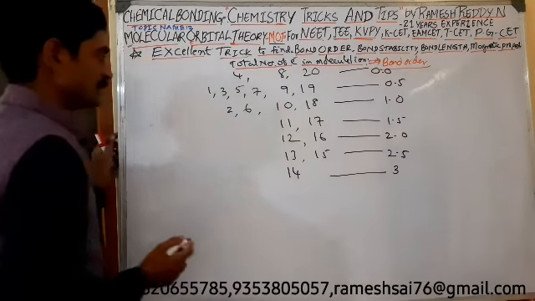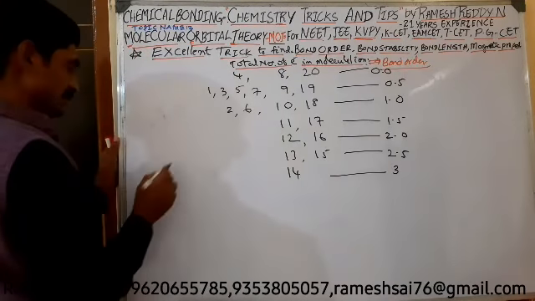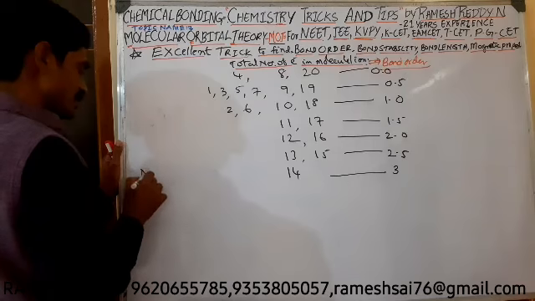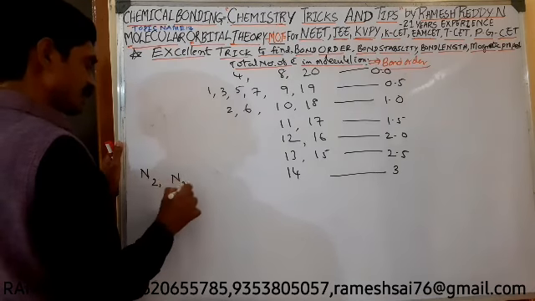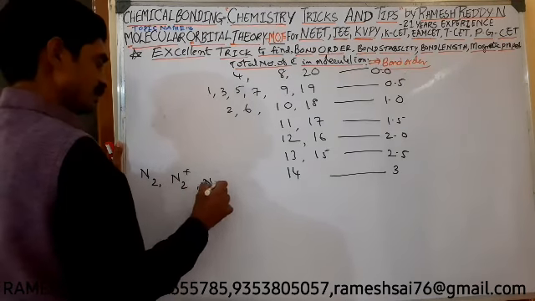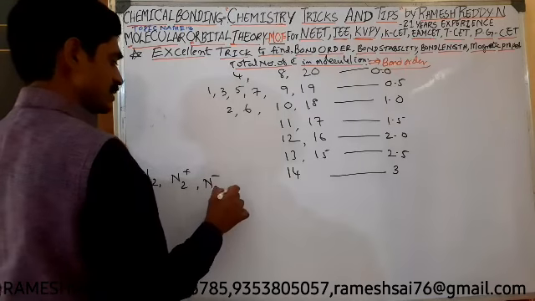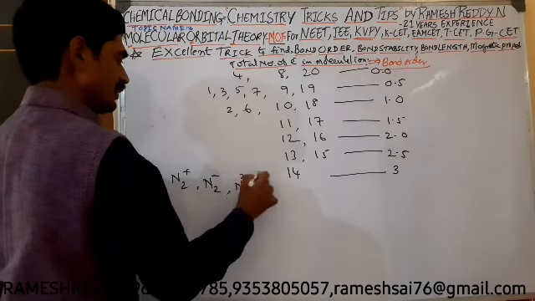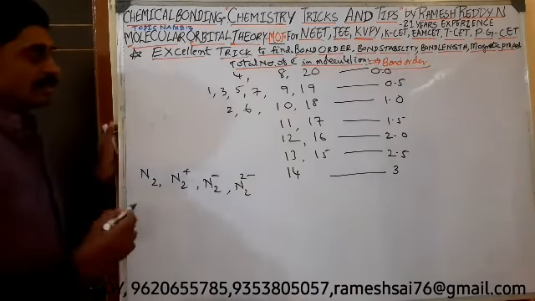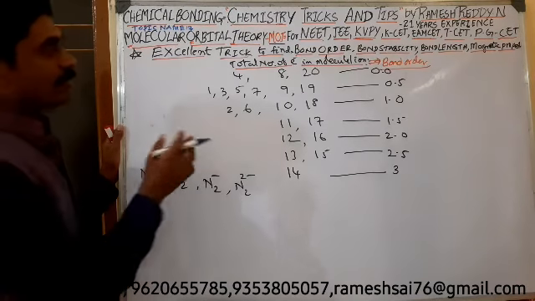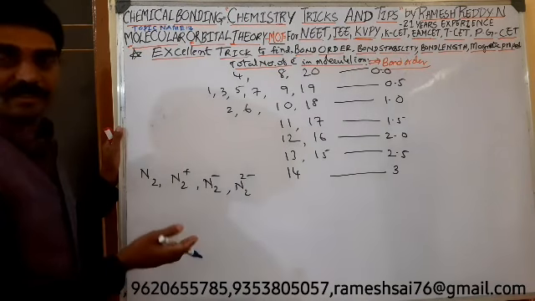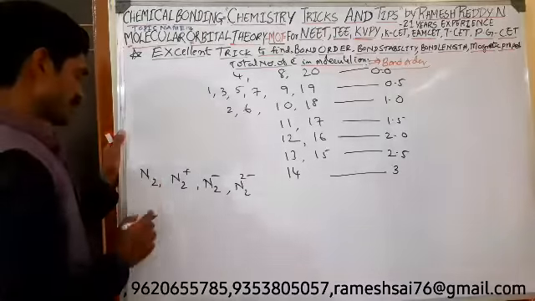We'll do it now. For example, the molecules are N2, N2 plus, N2 minus, then N2 2 minus. They will ask the increasing order of bond order or bond stability or bond length, right? How to do it?